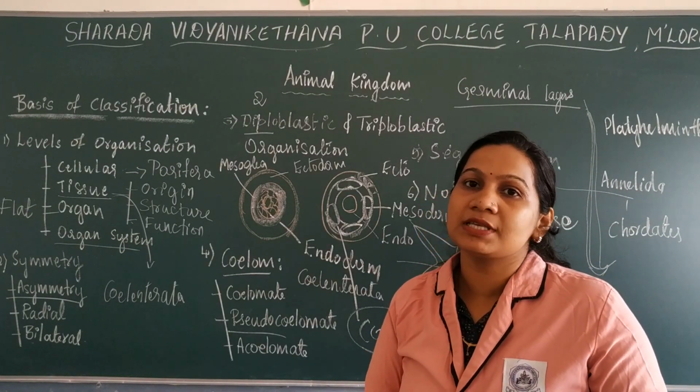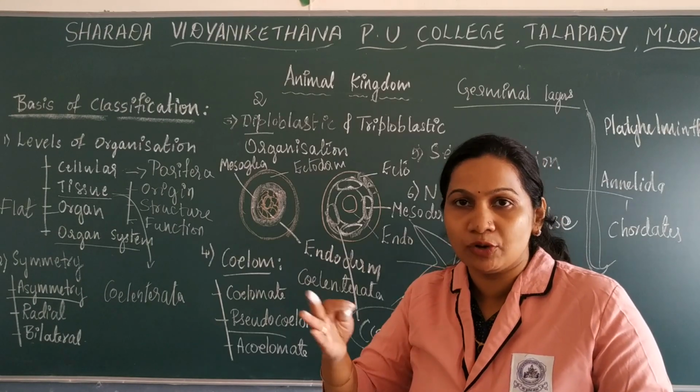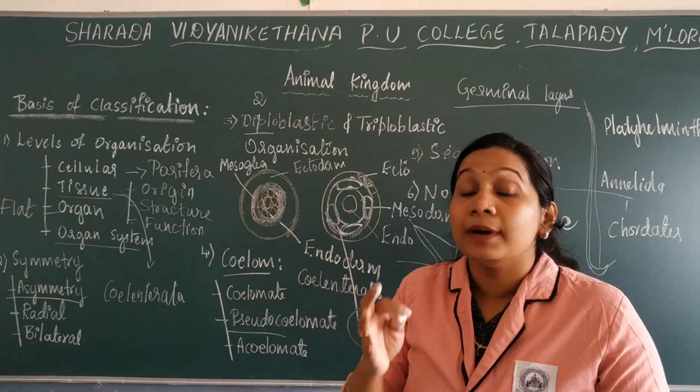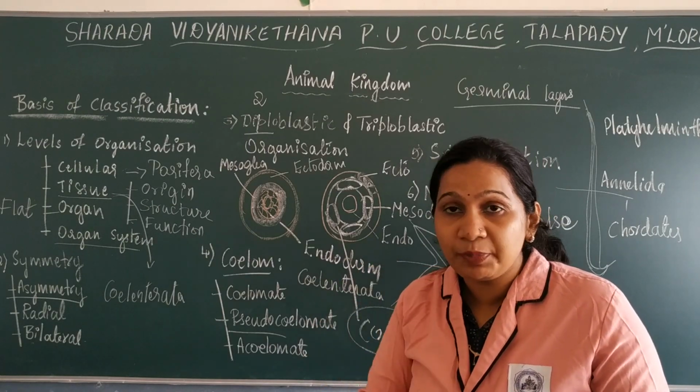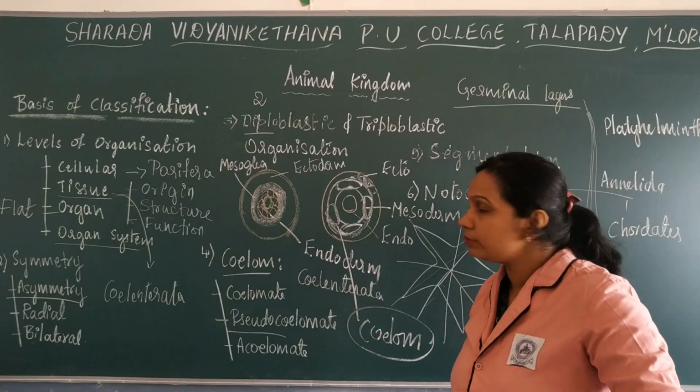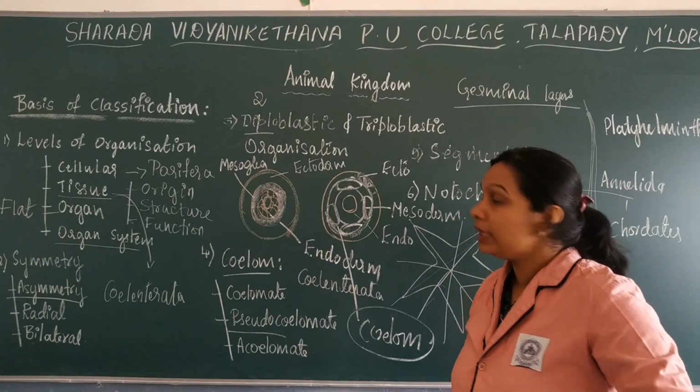Such organisms are known to be the pseudocoelomates. There is no body cavity, but there are certain scattered pouch-like structures that look like a coelom but are not a coelom. That is known to be the pseudocoelom.